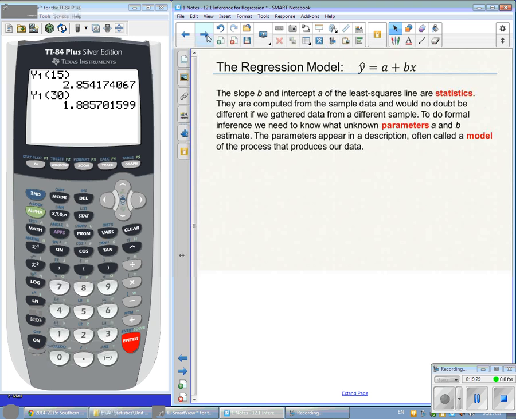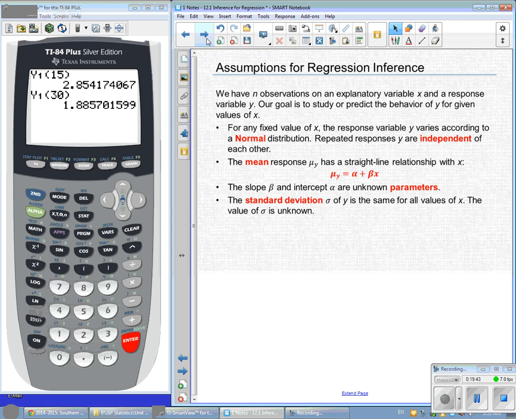And so if we want to do formal inference, then we need to know a little bit more about the unknown parameters that a and b are estimating. And the parameters appear in what we often call a model of the process that produces our data. All right, some assumptions. These are just what we have to go in assuming is true.